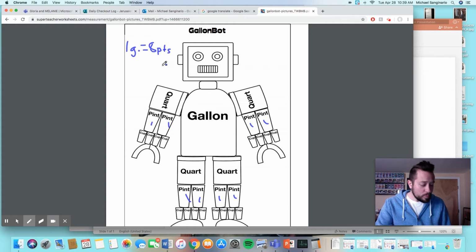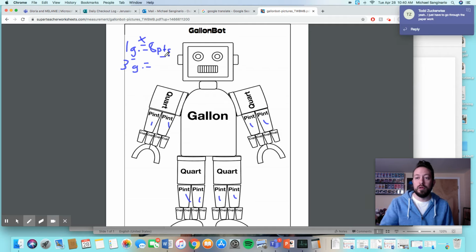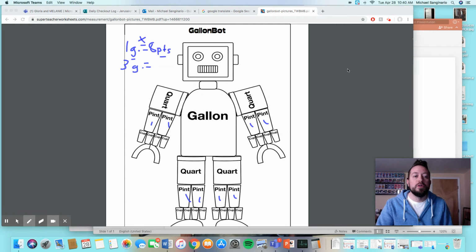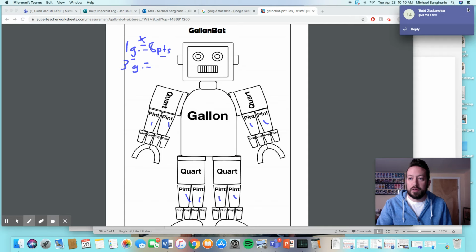Now, if I wanted to know how many pints were in 3 gallons, I have to do multiplication. Remember, when we go from a larger unit to a smaller unit, we multiply. When we go from smaller to larger, we divide.